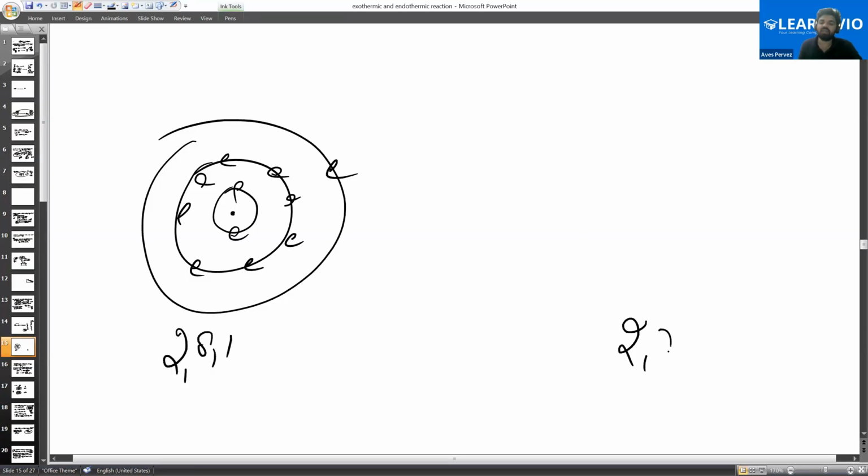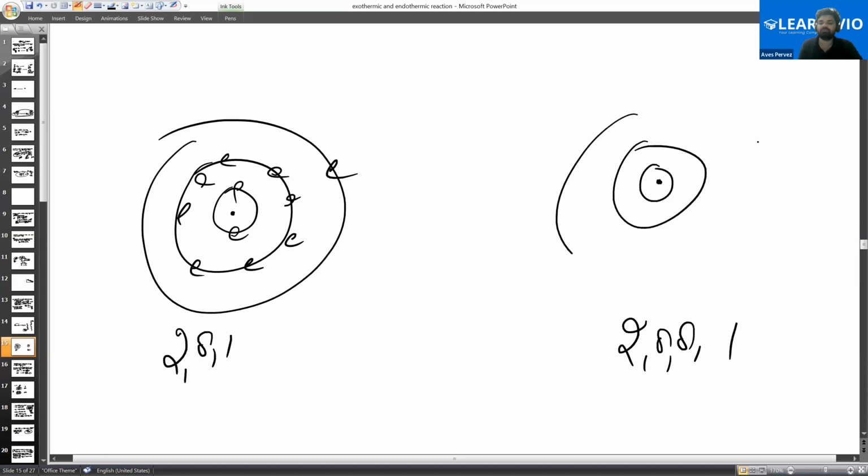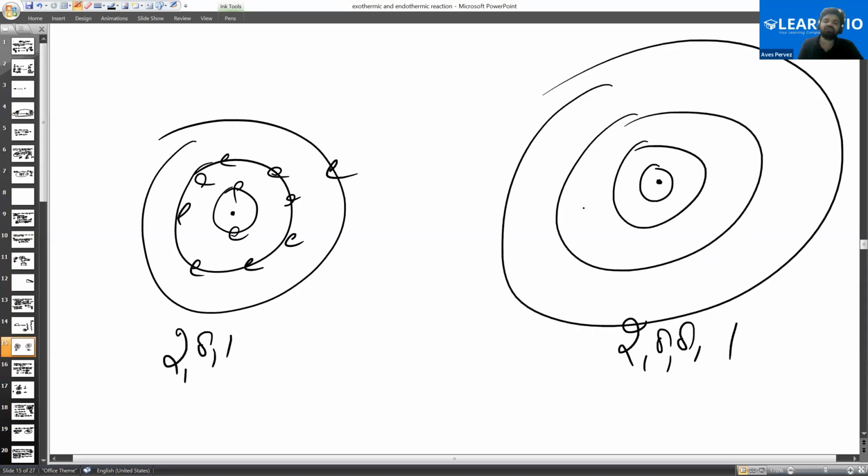Now potassium is 2, 8, 8, 1. So potassium is placed above sodium just because it has 4 shells: 2 electrons in the first, 8 in the second, 8 in the third, and 1 in the last.